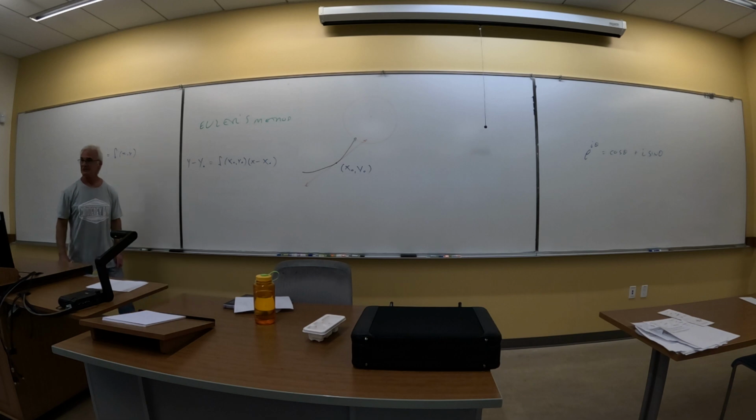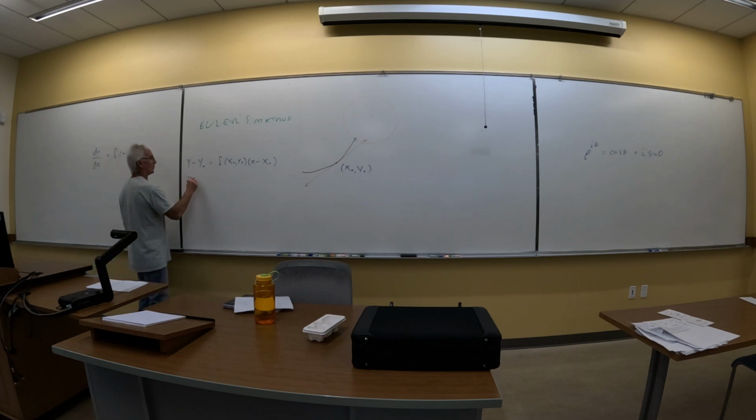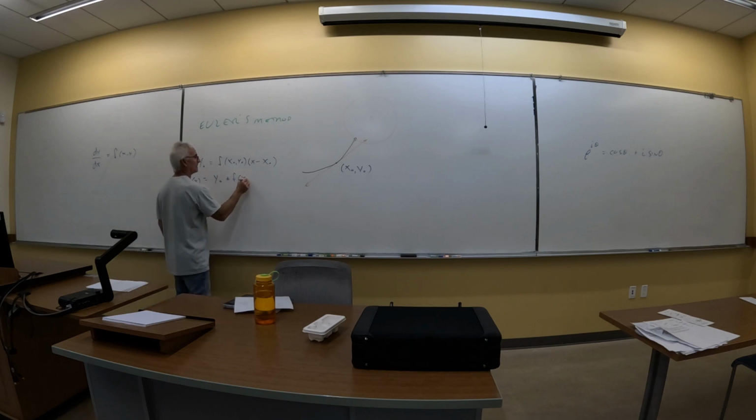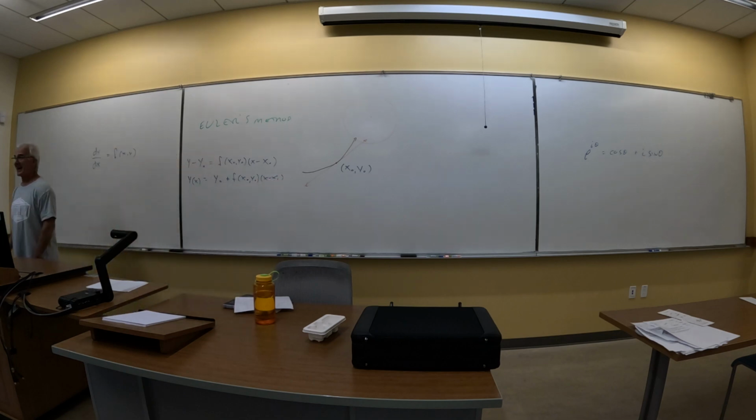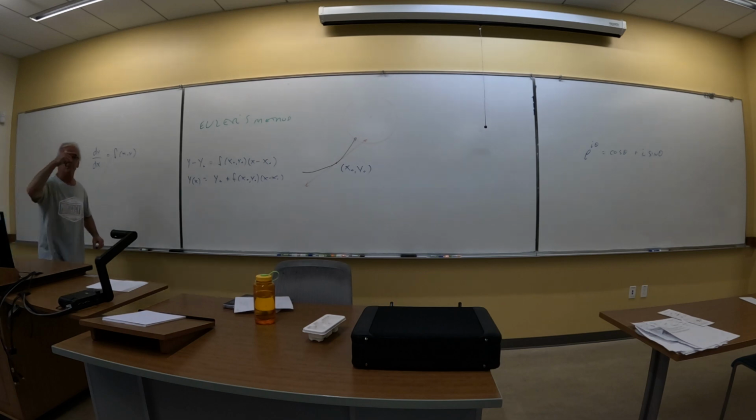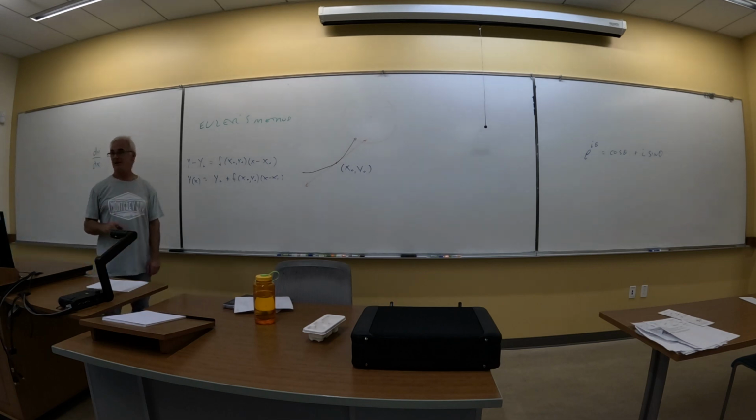You with me? So y then, and I'll write it y of x equals then, this is the tangent line. Okay, that's easy enough. I now need my next value.